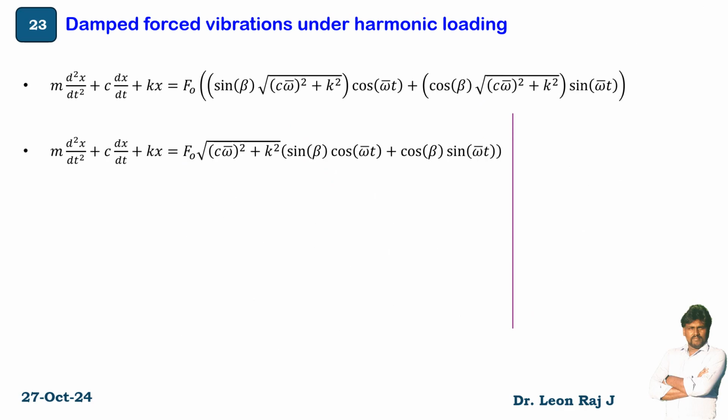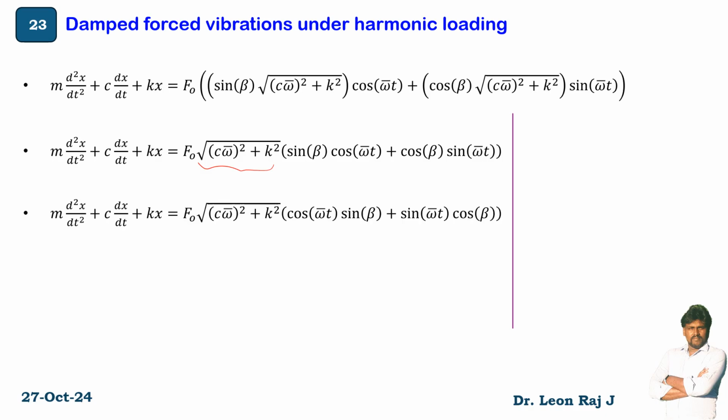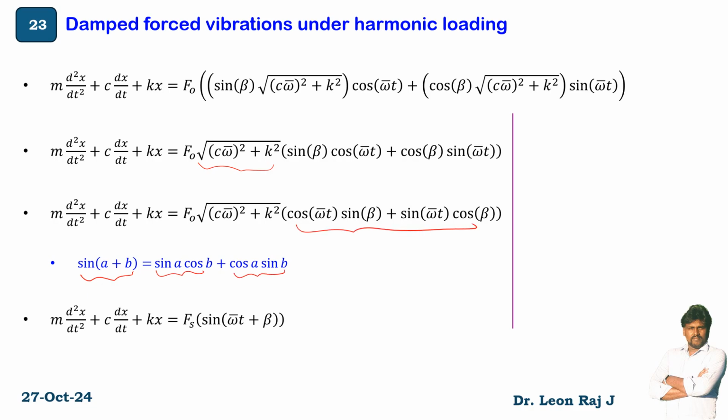So the right hand side is f0 into square root of (c omega bar) square plus k square into (sin beta cos omega bar t plus cos beta sin omega bar t). This can be rewritten using sin(a plus b) equals sin a cos b plus cos a sin b, so the whole term becomes sin of (omega bar t plus beta).